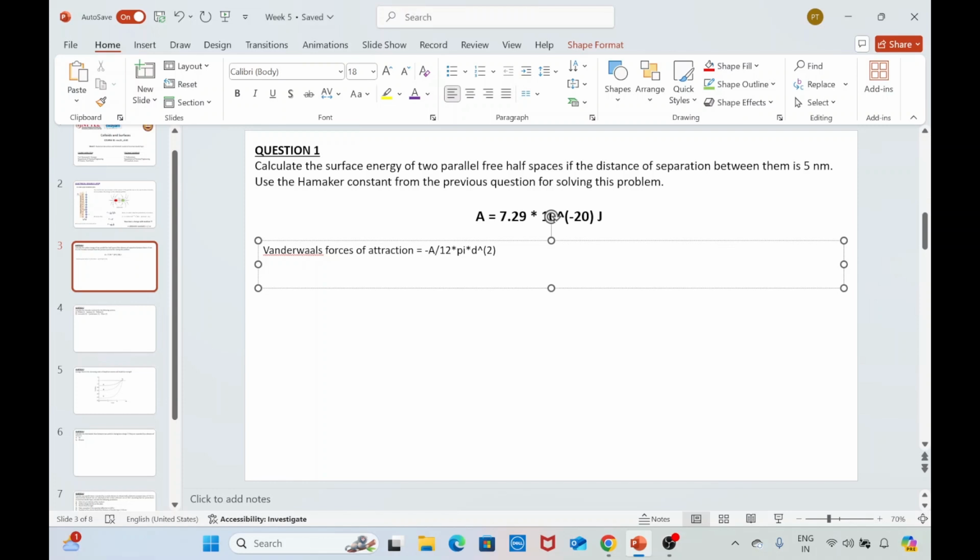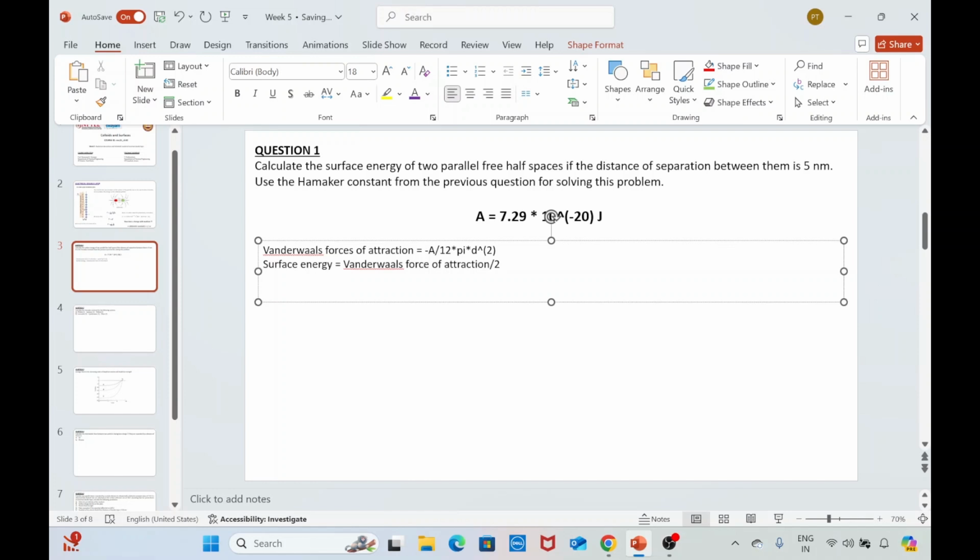So what is the value, or from here how do you calculate the surface energy? Simple. Since there are two flat surfaces interacting with each other, the surface energy will be the van der Waals force of attraction by 2.